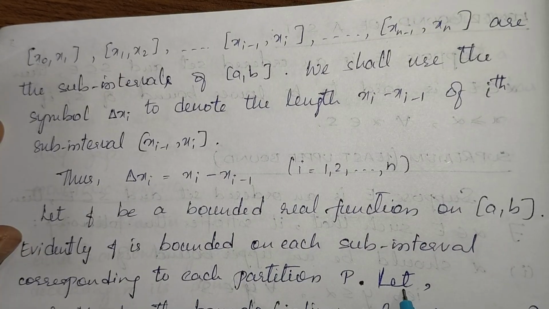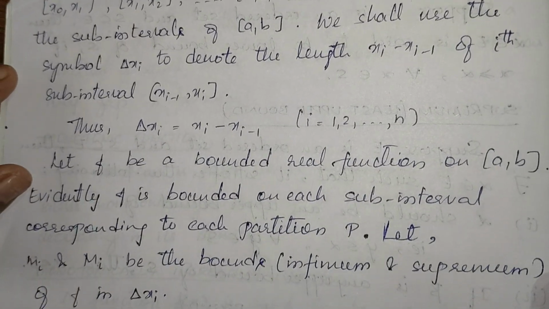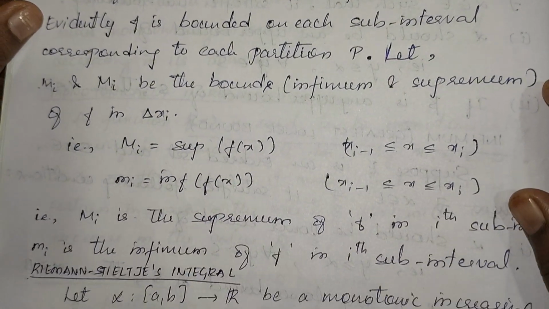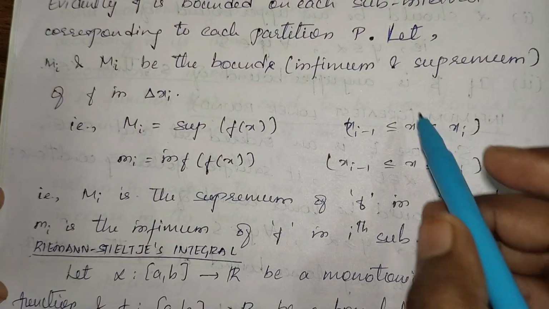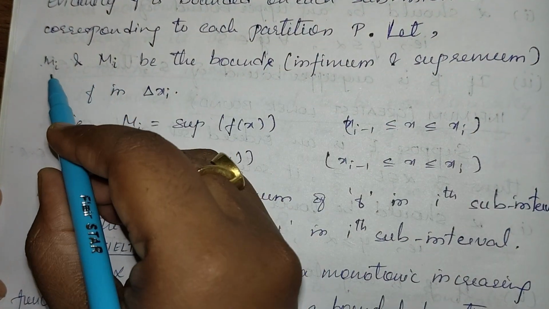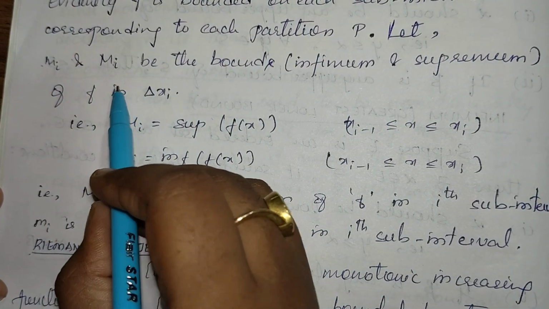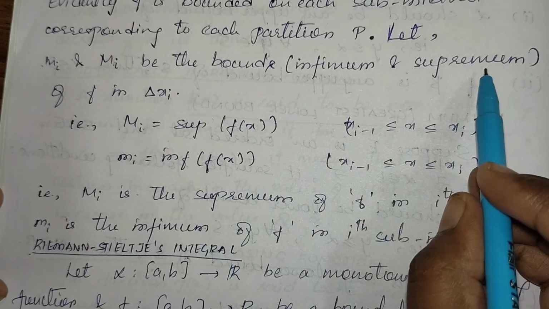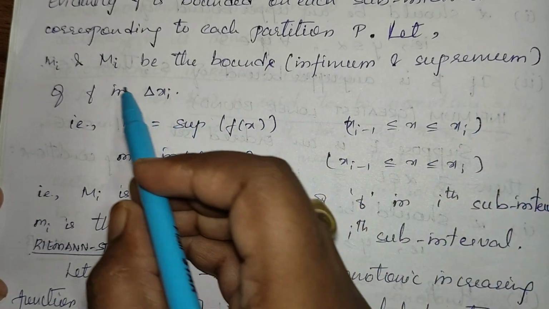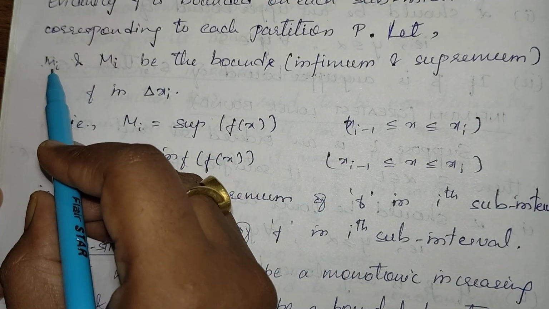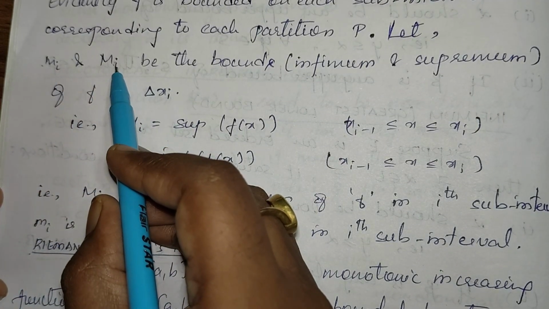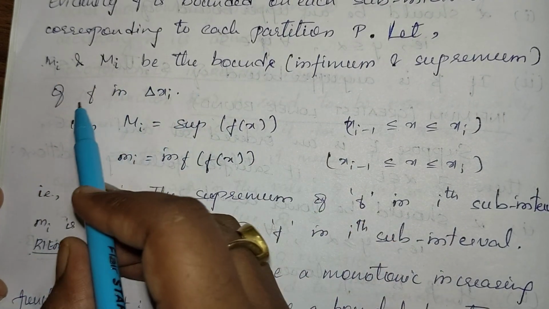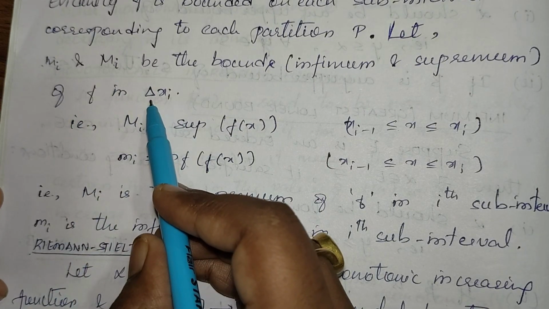And let small mi and capital Mi be the bounds, meaning infimum and supremum, the greatest lower bound and the least upper bound, of f in delta xi.